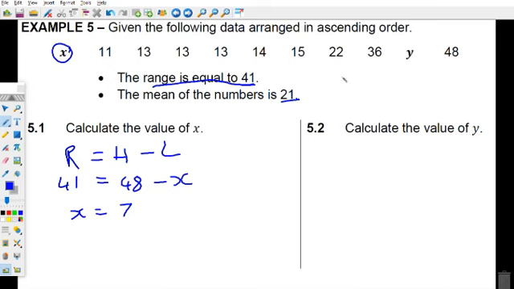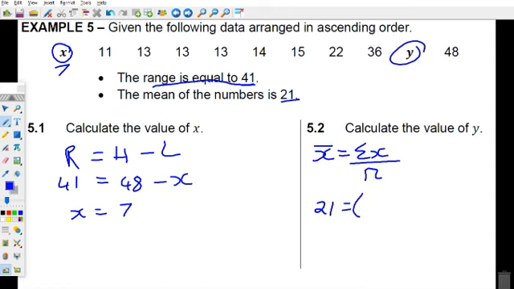Y is not a specific point, but the only other unknown, because we know what x is now. It's 7. So how are we going to find the value of y? We can say the average is equal to the sum of all my points divided by n. So what is my average? 21 is equal to the sum of all the points. I'm going to trust you guys again. Calculate.